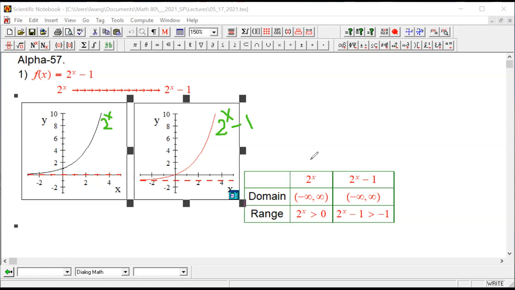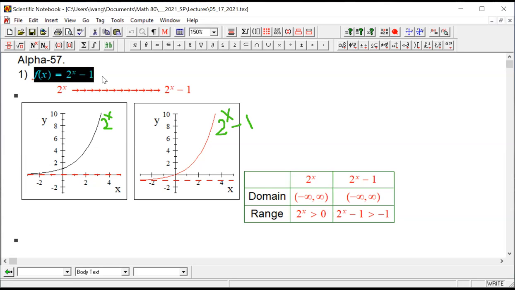Okay. Now, with that said and done, is this function 1 to 1? We need to answer that question, because if it's not 1 to 1, it doesn't have an inverse.